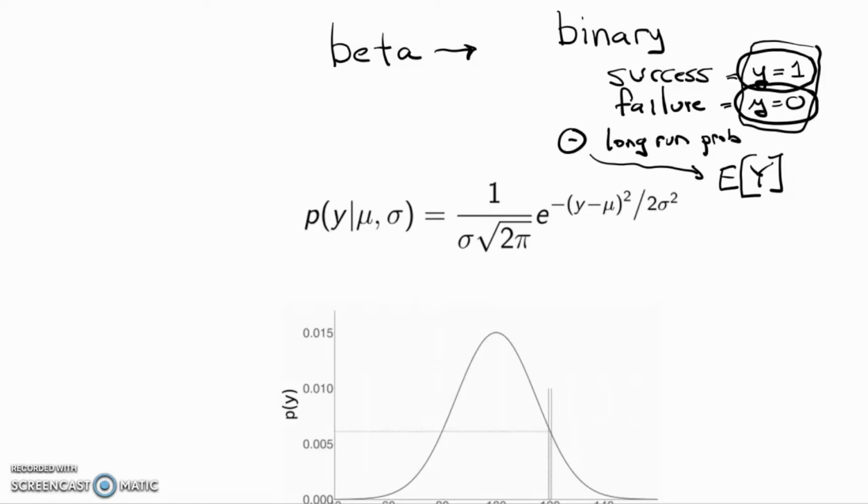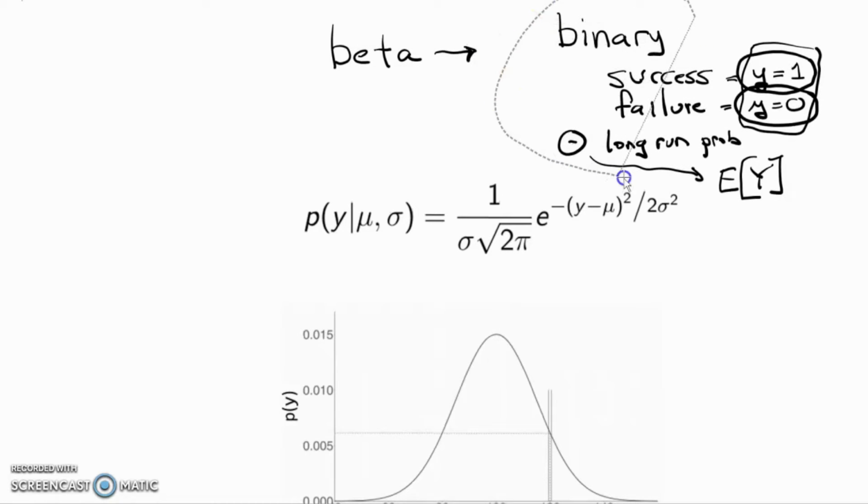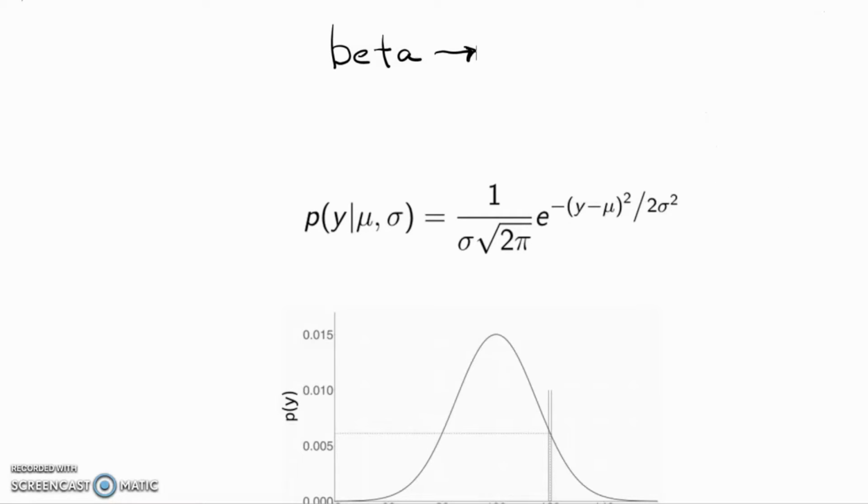So that's an indication of why we're interested in the beta distribution: we want a prior distribution for the parameter theta of either a Bernoulli or a binomial distribution.